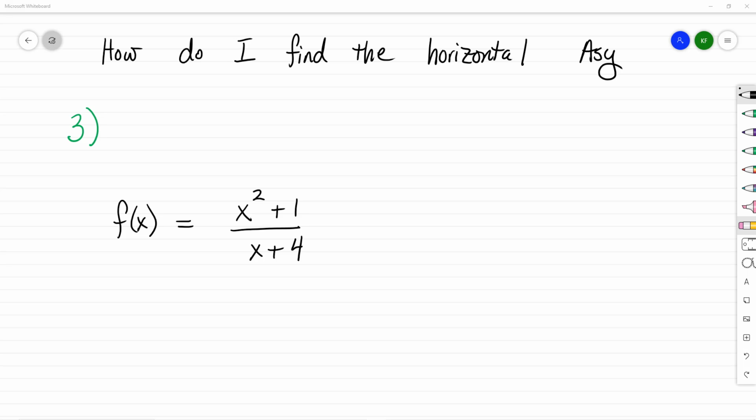All right, we are at our final case now. So our final case, remember, we're looking at degrees of the numerator and denominator. So I'm going to go check out my degrees again. I've got 2 and I have 1. So this time the numerator, or the top degree, has this kind of situation.